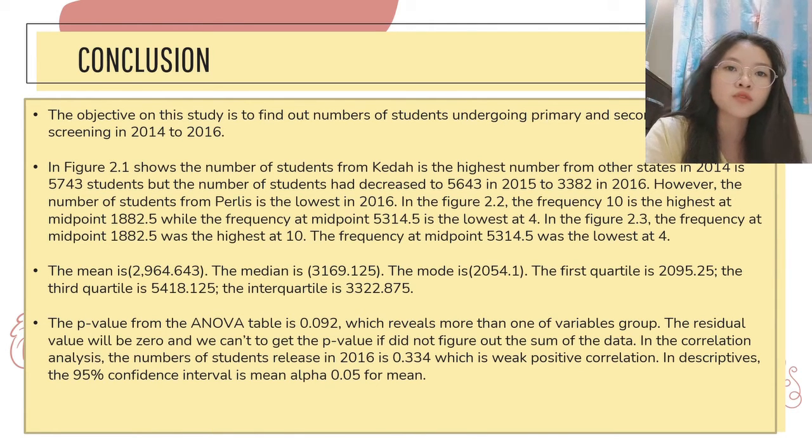The mean of students undergoing primary and secondary school urine screening in 2014 to 2016 is 2964.643, the median is 3169.125, and the mode is 2054.1.